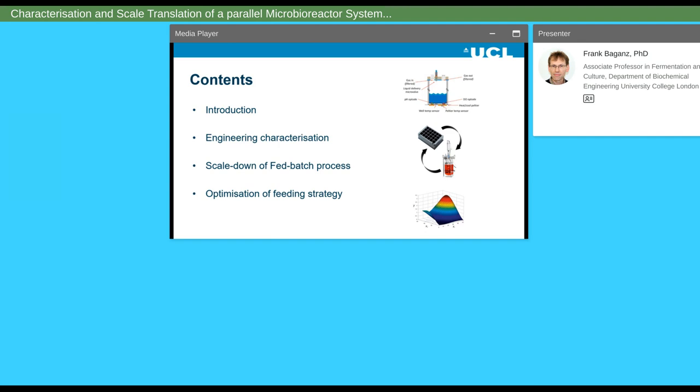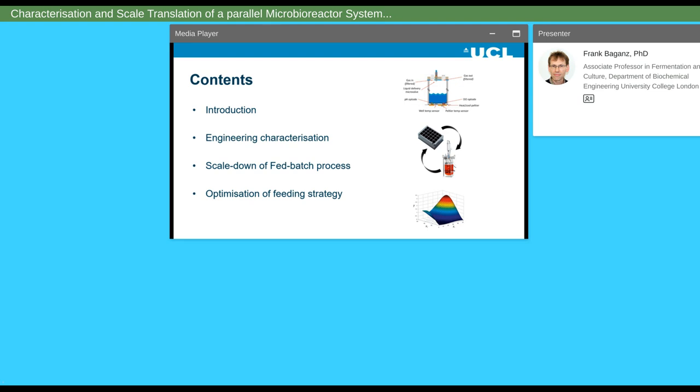In this talk, I will present the work on the engineering characterization of the micro-Matrix, focusing on mixing time and kLa. Then I will demonstrate how matched mixing time in combination with a similar CO2 addition profile can be used to scale down a fed batch process using a CHO cell line producing an IgG4 antibody from a stirred tank benchtop scale reactor to the shaken micro-Matrix system.